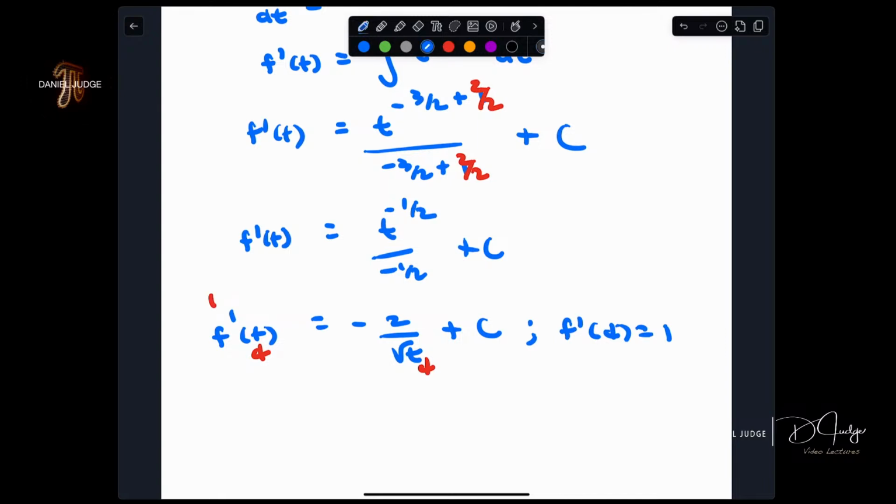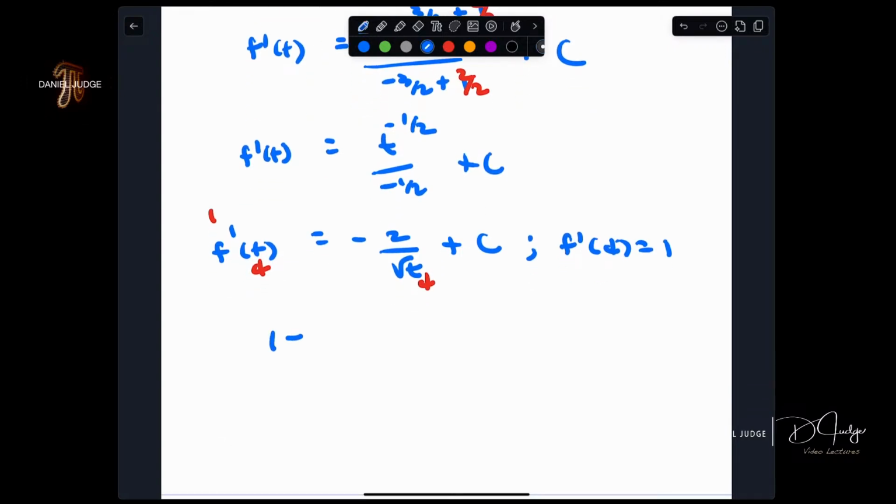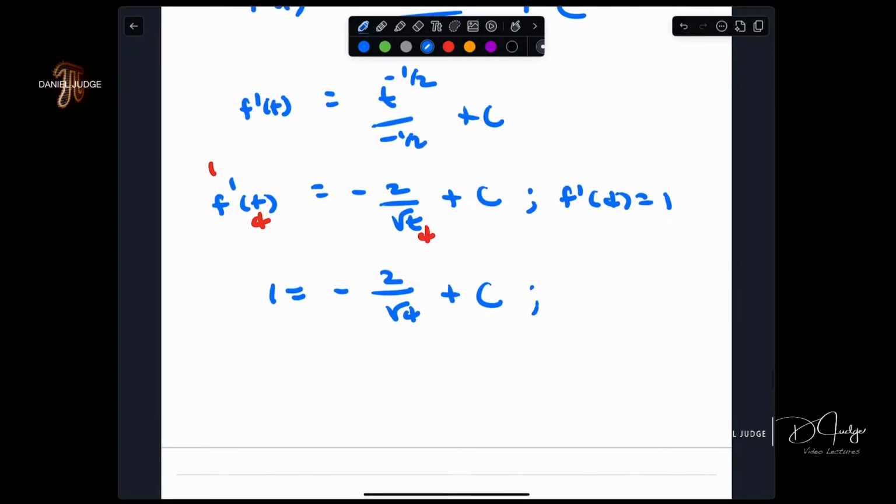So the value of the function is going to be 1. So this would be 1 equals negative 2 over the square root of 4 plus c. Now this is more like it. 1 is negative 2 over 2 plus c, or 1 will be negative 1 plus c. Add 1 to both sides, and you get c is 2.